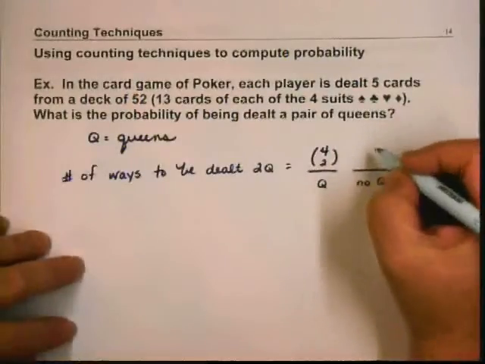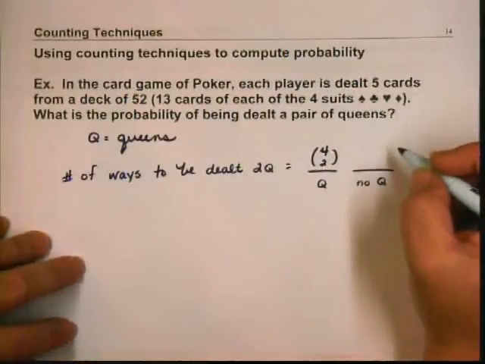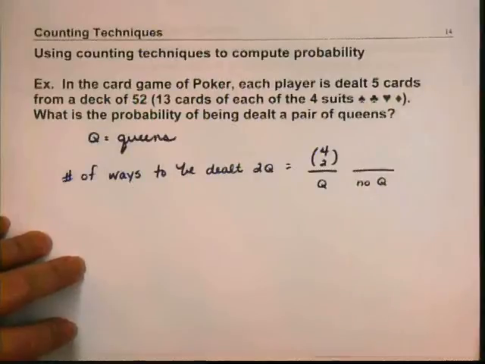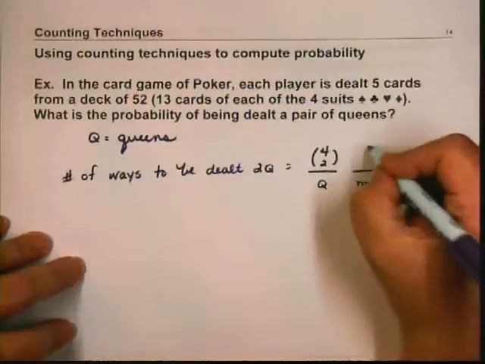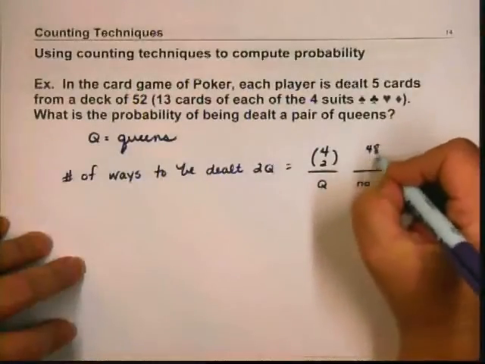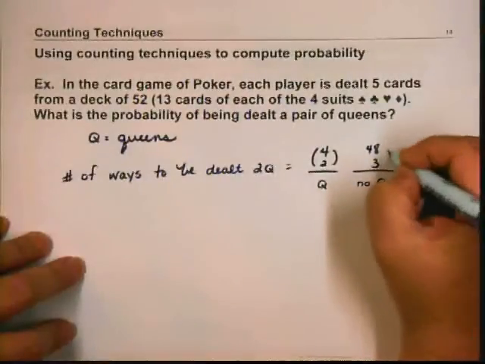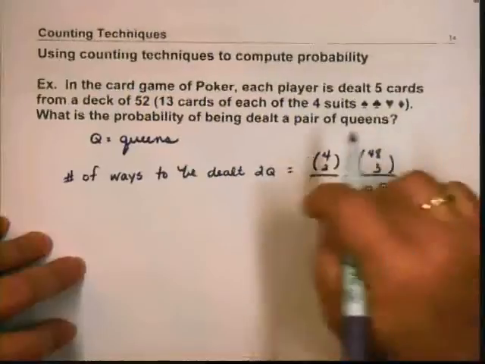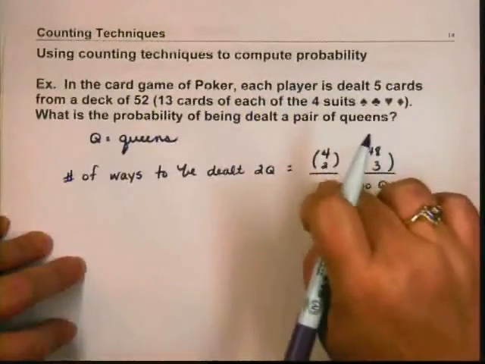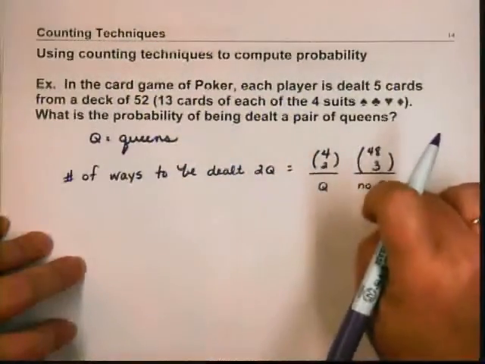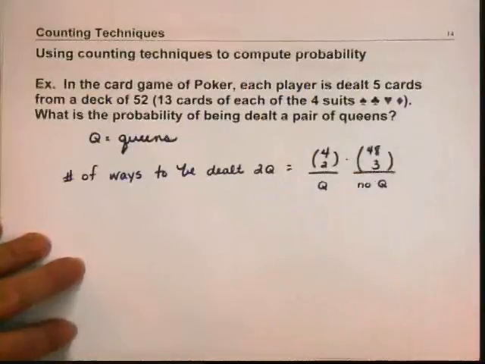Okay, your remaining 3 cards come from the 48 not queens, right? So I have 48 remaining cards, and from which I draw 3. Queen, how do you number of ways you fill the queen blank times the number of ways you fill the no queen blank, multiplication rule.